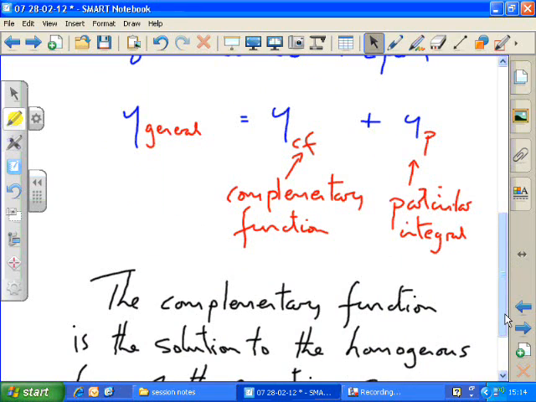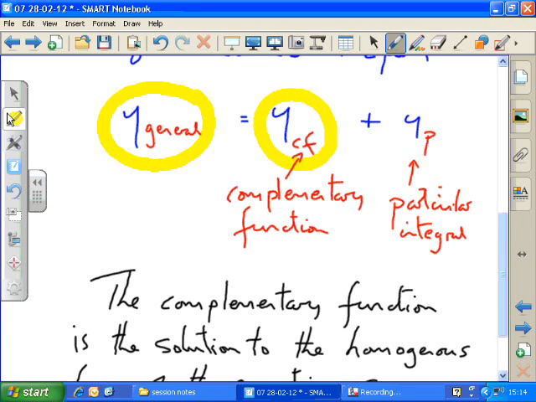So the general form of a non-homogeneous differential equation is given by two parts: the complementary function, called y_cf, and the particular integral, y_p. So we're going to end up having to come up with those two parts, and the overall general solution to the second order differential equation is made up of those two parts.